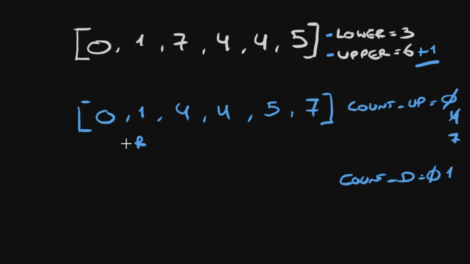Next we update left, so now left and right are equal, so we end, and now we have 2 values, count up and count down, and the result is just count up minus count down. So every valid pair up to 7 minus every valid pair up to 3, so result is 6.